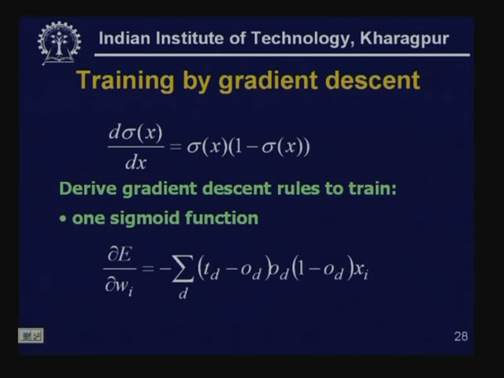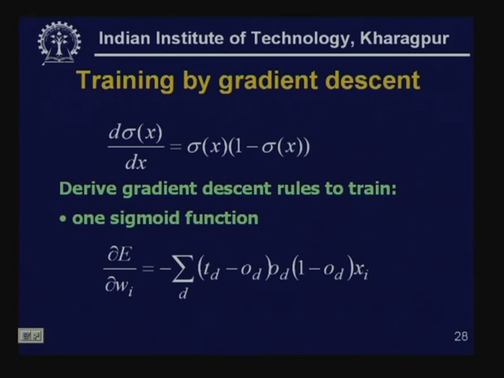Now, let us see how we can train using gradient descent. We have seen that d sigma x dx equal to sigma x into 1 minus sigma x. Now, we will try to derive the gradient descent rule when we have a single layer of sigmoid units.